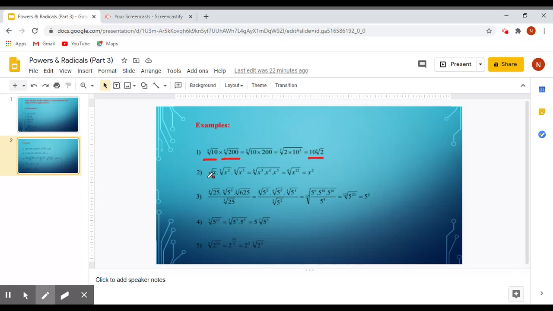But what if we have different roots? Here we have square root, here we have cube root, and we have sixth root. So we have to find the LCM between these. When we don't have the square root, it means we can put a 2 here. So between the 2, the 3, and the 6, the common one, the LCM, is 6.